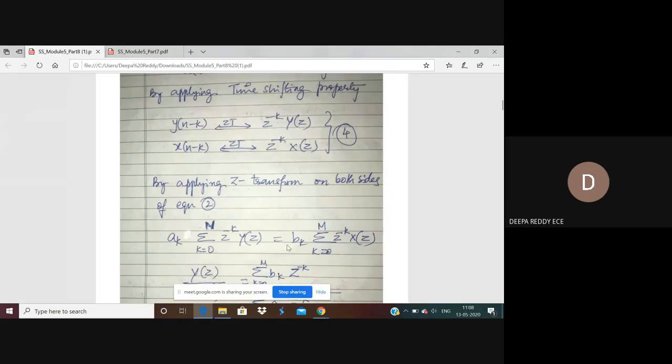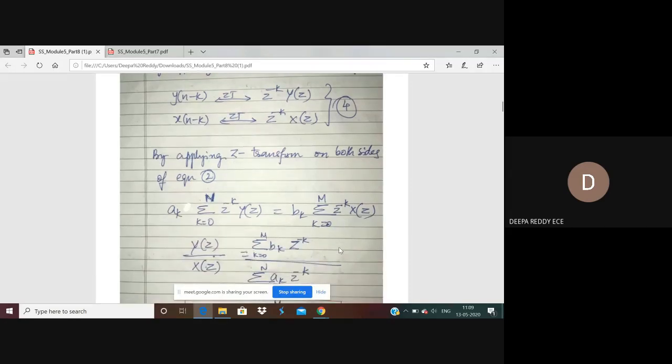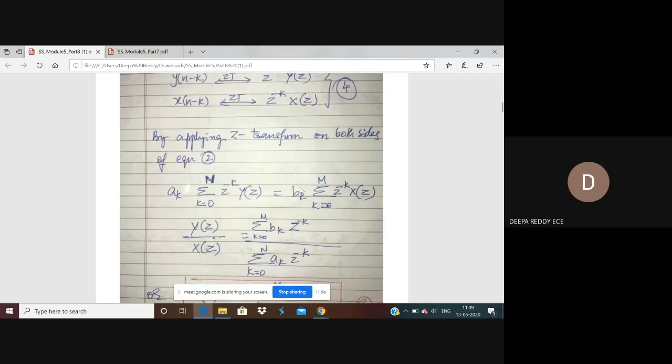Similarly, b_k is a constant which is taken out. Summation 0 to m, and x of n minus k z transform is z to the power of minus k into X(z). So we have written the respective z transforms in the difference equation. Now, making a small simplification, Y(z) has no work inside the summation, so we can take Y(z) outside.